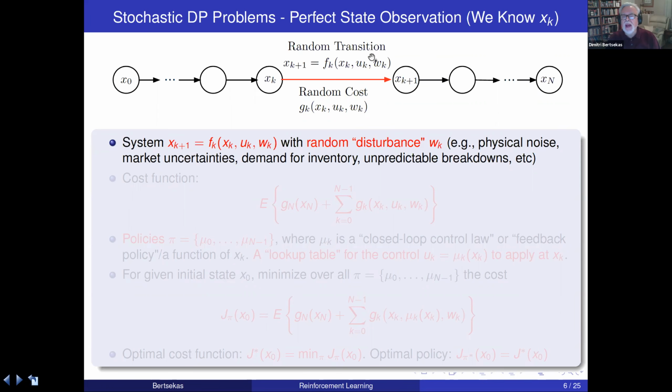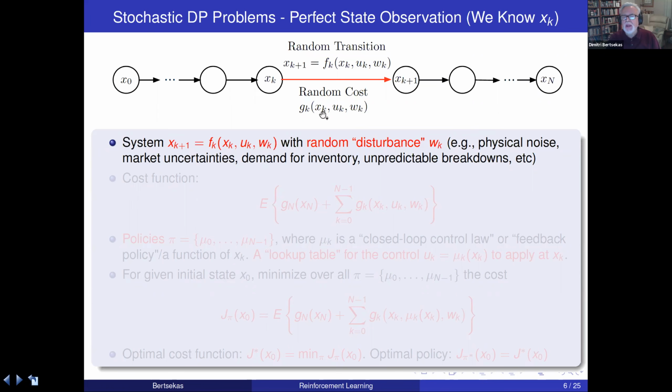It's affected by a random parameter wk, which we call a disturbance, and could be due to a number of different sources. So we have a system equation that involves this random parameter with given probability distribution, and we assume that it depends on xk and uk only, and it's uncorrelated to the previous disturbances, okay?